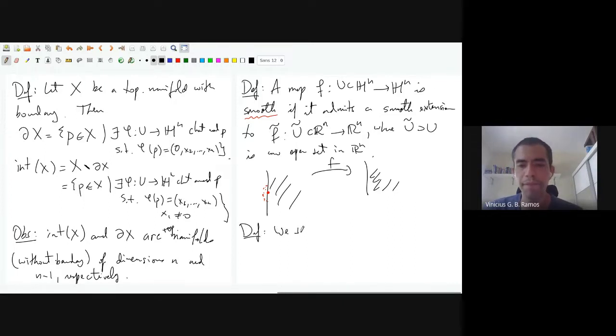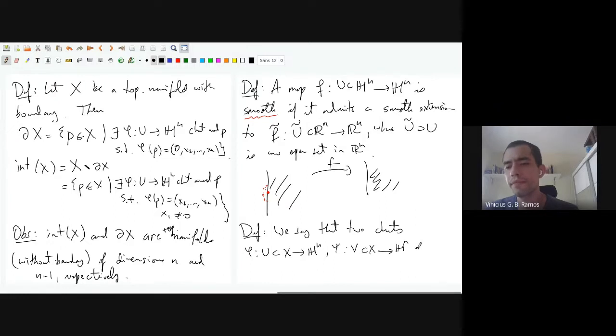We say that two charts phi from U in X to H^n and psi from V in X to H^n are compatible if the transition function, restricted to phi of U intersected V, is smooth.